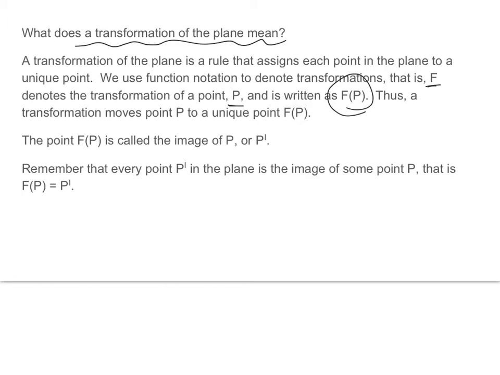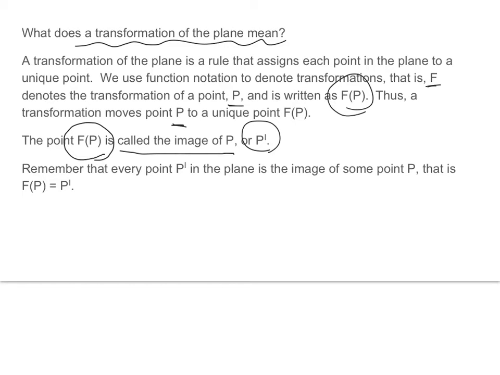So a transformation moves point P to a unique point. So we say that F of P gets moved to P prime. F of P is called the image of P, or P prime.